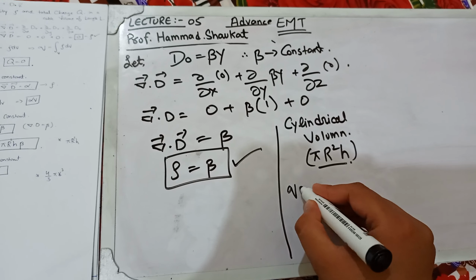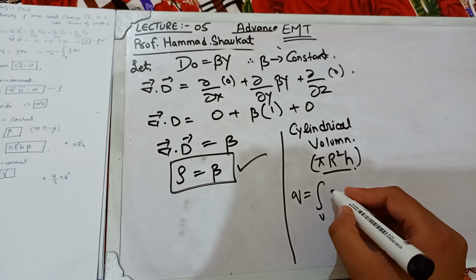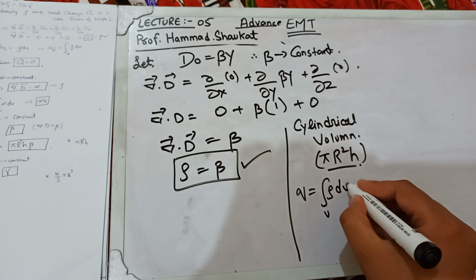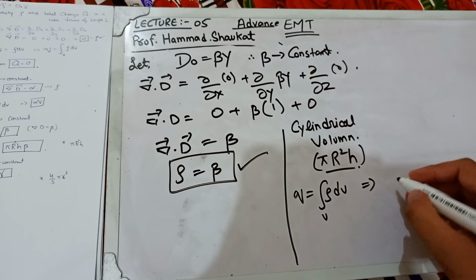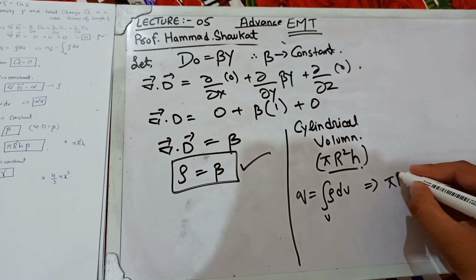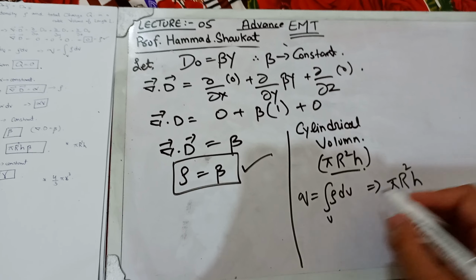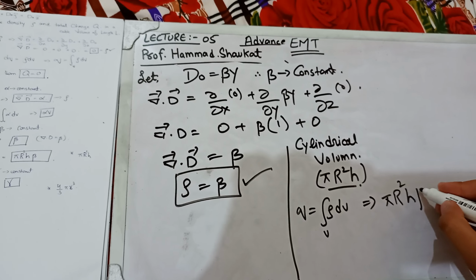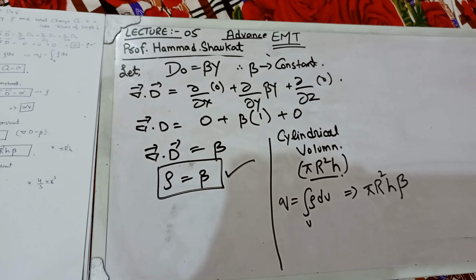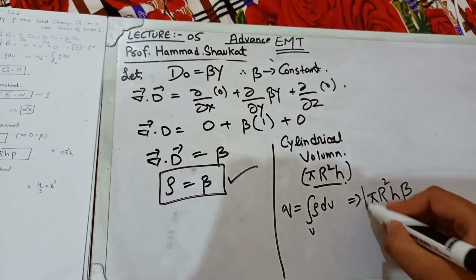So if you want to find the total charge, we have to integrate rho dv over the whole volume. We know the volume of our cylinder is pi r square h, and what's the value of rho? Beta. So this is basically the answer.